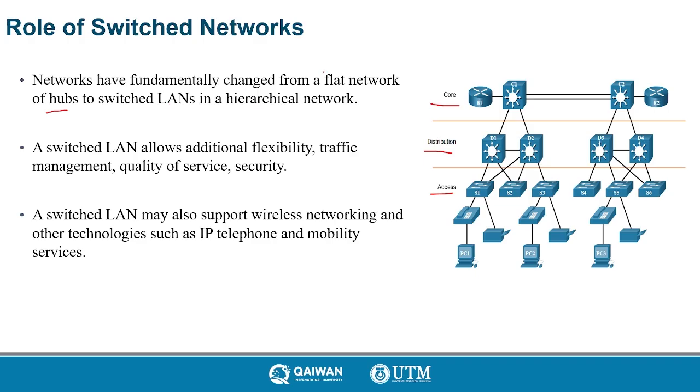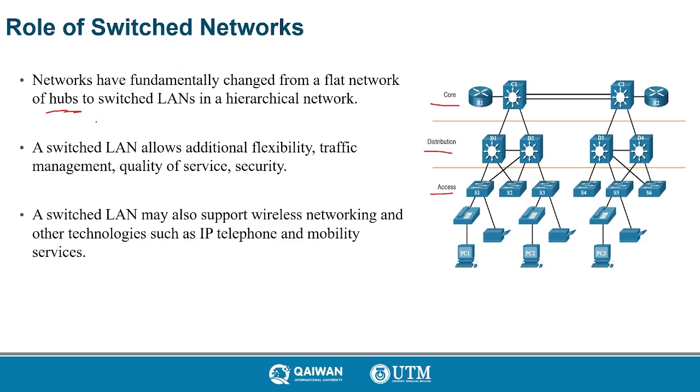Previously, we could use hubs instead of switches and routers, and it was good, no problem, you can manage. However, nowadays it has changed. Nowadays you need switches because sometimes you'll have different departments, and you need to make sure that all the packets are not shared with all the departments.